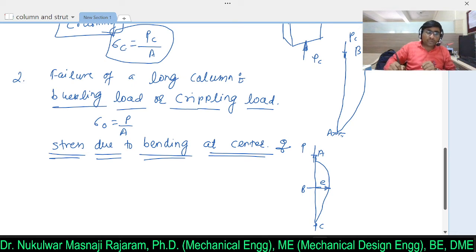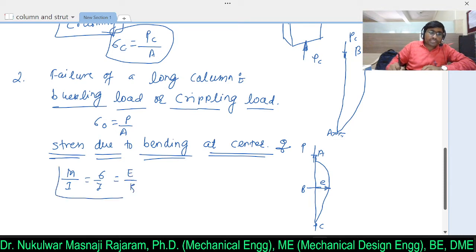Now if you recall the concept, this equation is known as the bending moment equation. Here I will use these two terms, M by I equal to sigma by y.